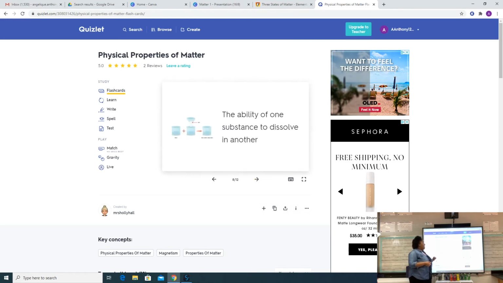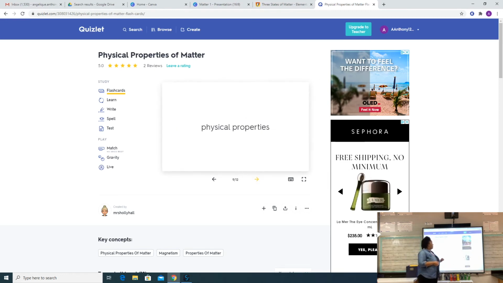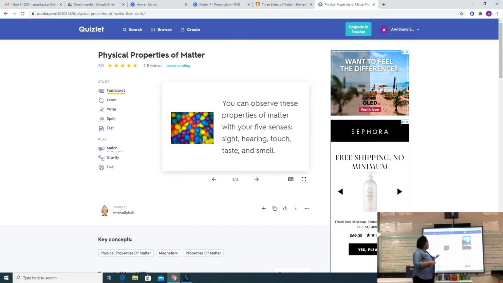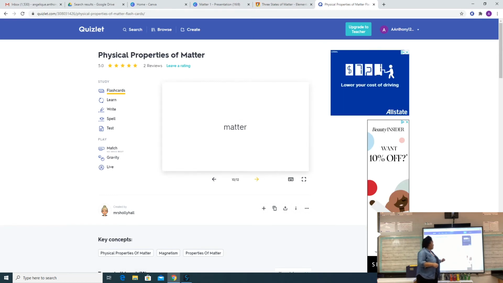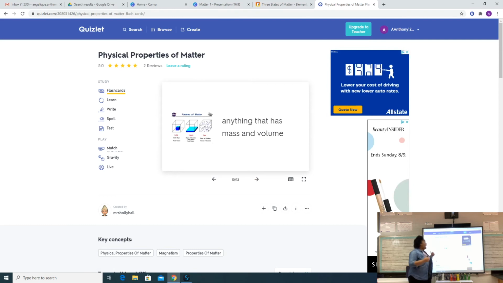Solubility, the ability of one substance to dissolve in another. Physical properties, that's what we're learning all about today. You can observe these properties of matter with your five senses: sight, hearing, touch, taste, and smell. Matter, also what we're learning about today. Anything that has mass and volume.